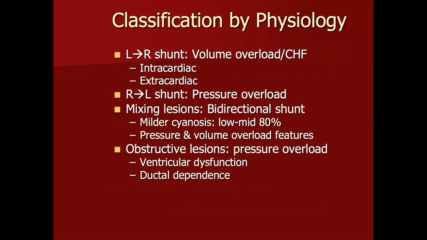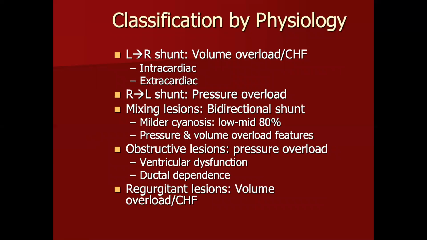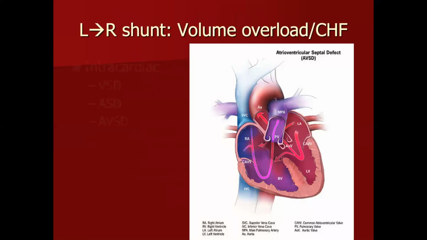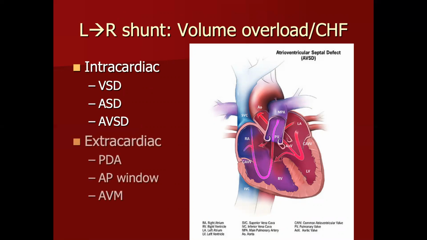Right to left shunts, resulting in pressure overload, mixing lesions, or obstructive lesions. And, almost forgot that one, regurgitant lesions. Left to right shunts that result in volume overload and CHF can be classified as either intracardiac or extracardiac.